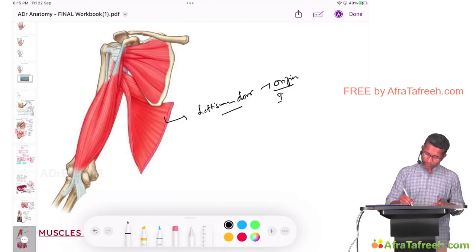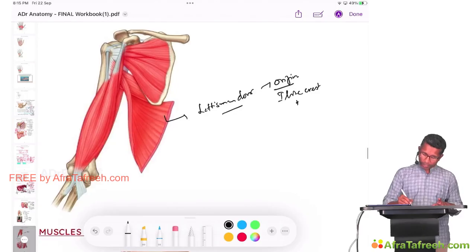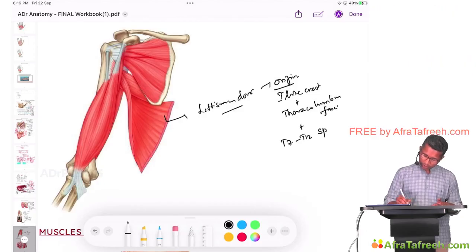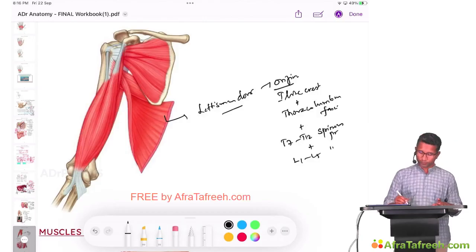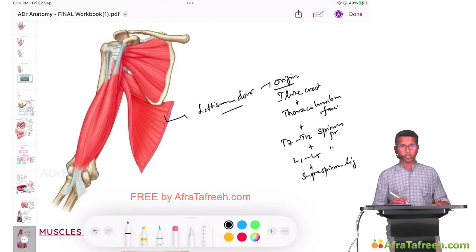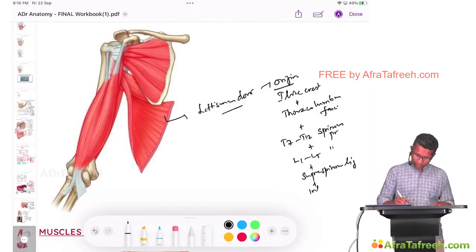It arises from the iliac crest, from the posterior layer of the thoracolumbar fascia, from the T7 to T12 spinous processes plus L1 to L5 spinous processes, and from the supraspinous ligaments. It also arises from the inferior angle of the scapula.